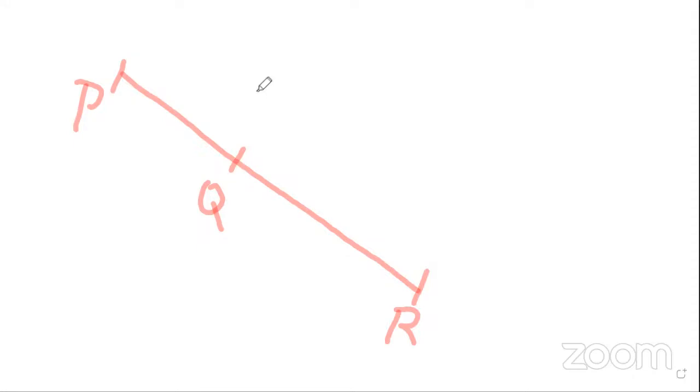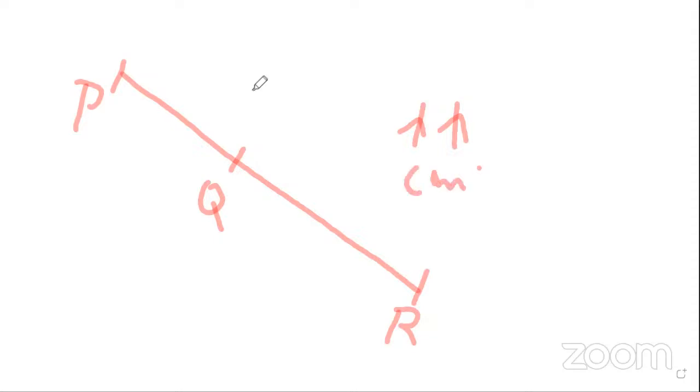Now, for testing of collinearity, we have two things that we have to prove. Number one, we have to prove that some two vectors that we are going to create are parallel. So we look for parallel vectors. Then number two, we have to show that there is a shared point among the two parallel vectors, a common point.